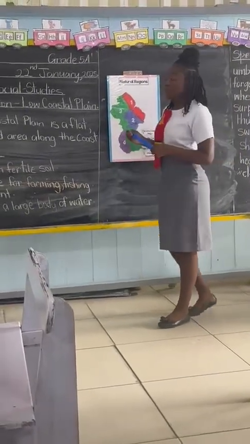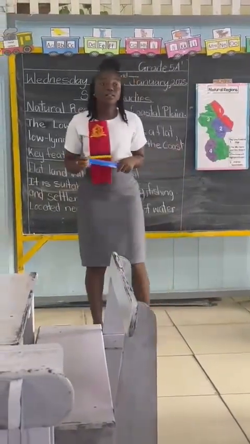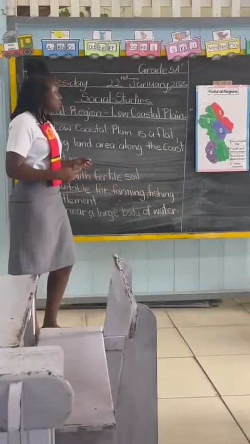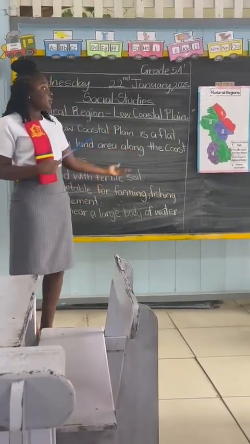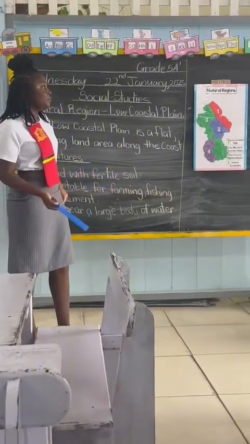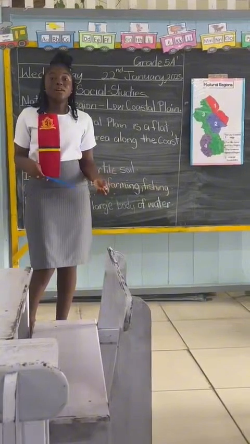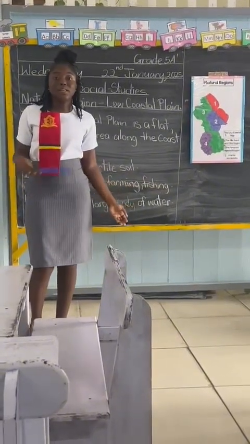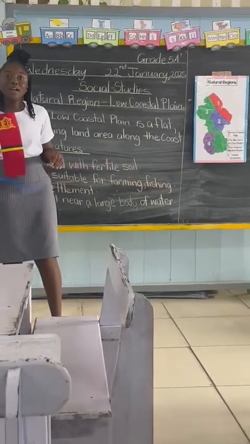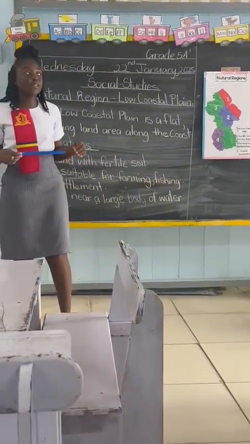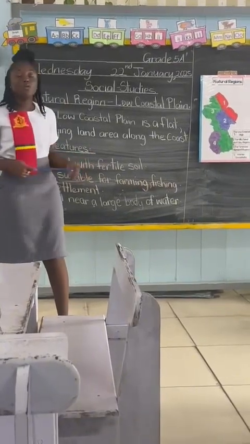Now, we're going to recap a little bit on what we've done. Since we know that we're living on the low coastal plain, tell me, what are the activities that are usually done on the low coastal plain?